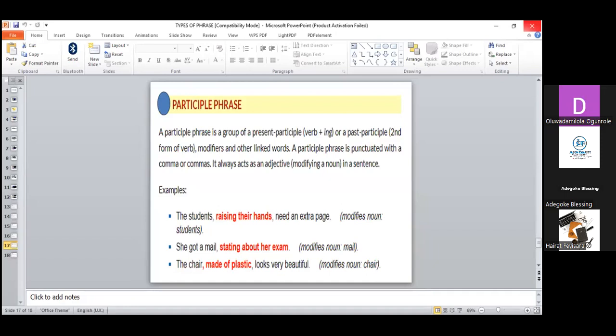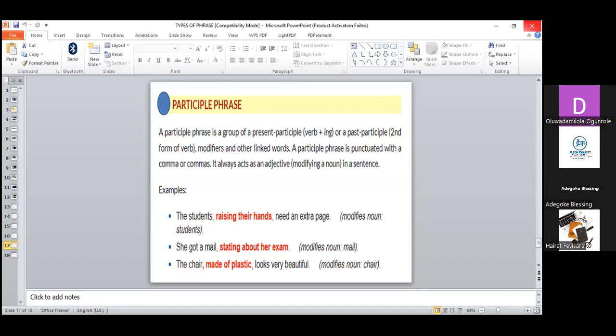We could say the students need an extra page. But the participle phrase that we have there is telling us more about the students. It is describing the students.